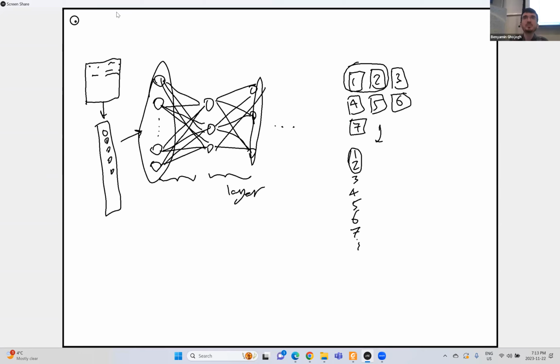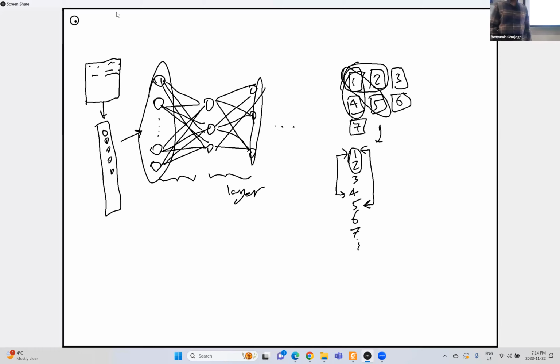Here also 1 and 2 are close to each other. That's fine. But 1 and 4 were also close to each other, but here 1 and 4 have distance from each other. 1 and 5 were close to each other, but now 1 and 5 have distance from each other. So you ruined the spatial correlation between pixels. Only some of them were preserved. Agreed?